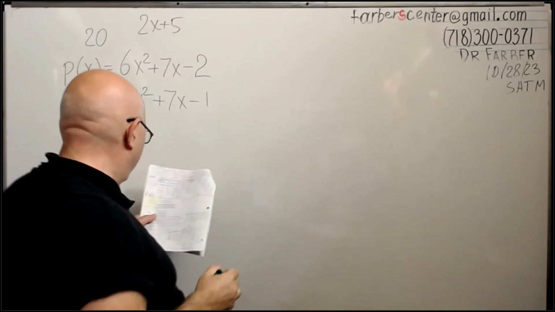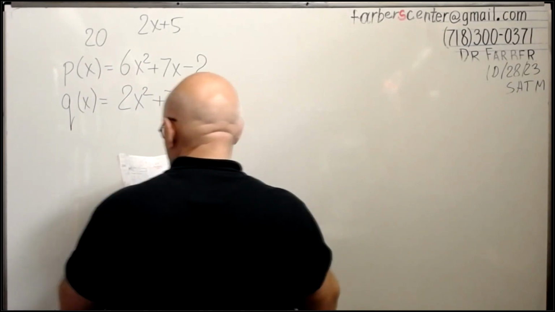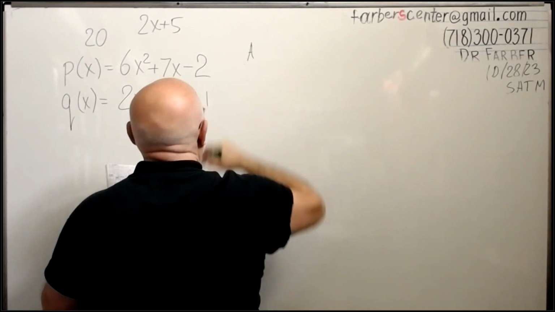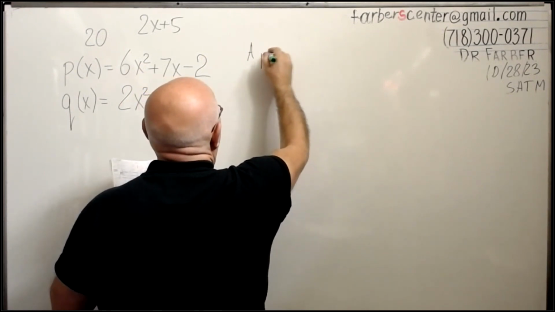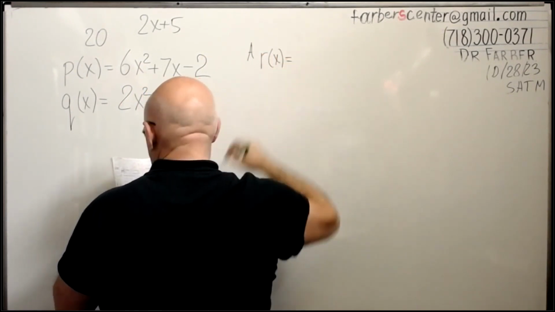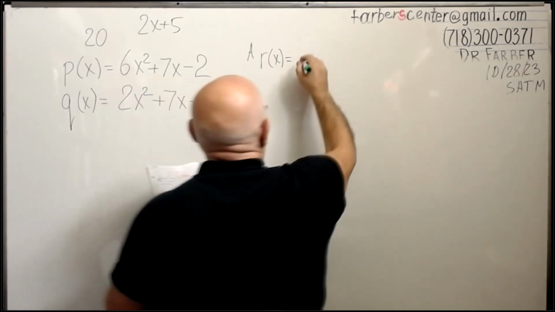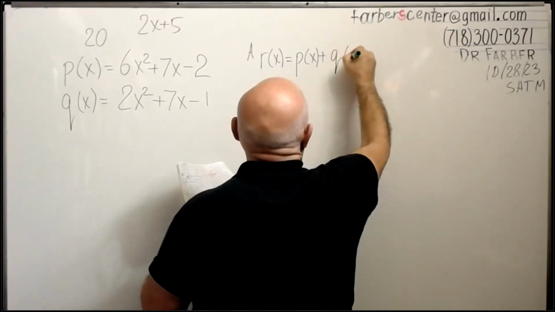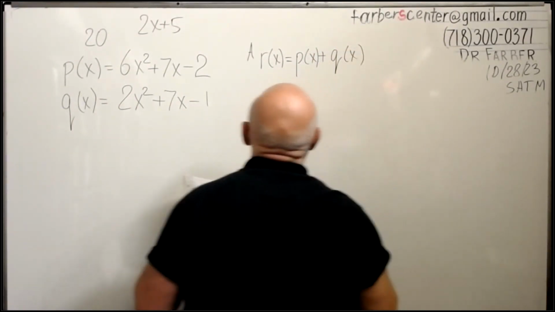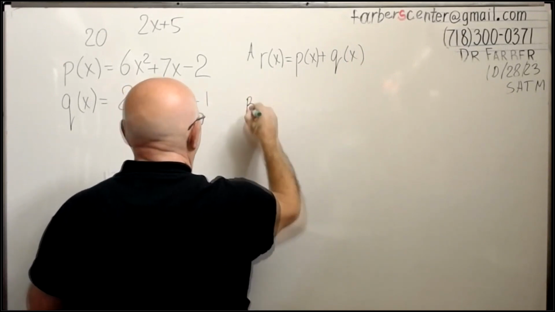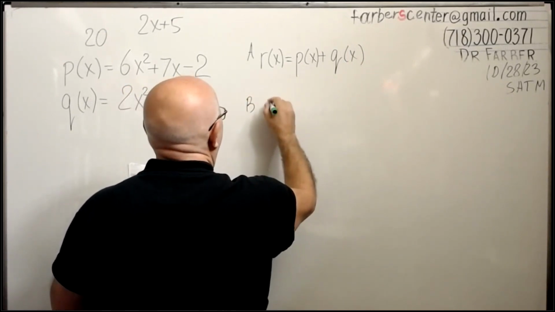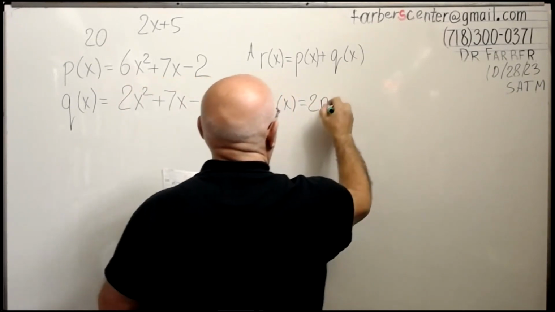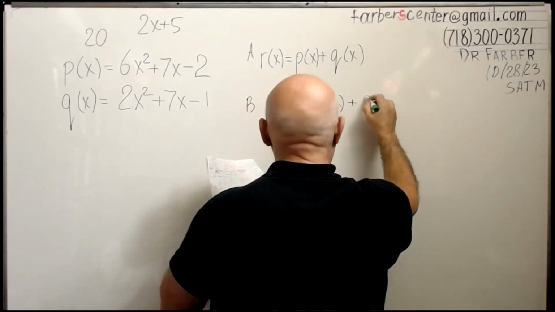You have few multiple choices. A, r of x equals p of x plus q of x. I leave some room here. B, r of x equals 2p of x plus q of x.